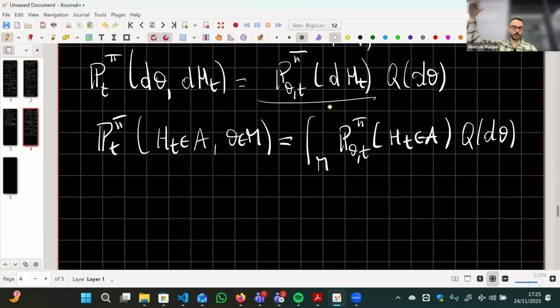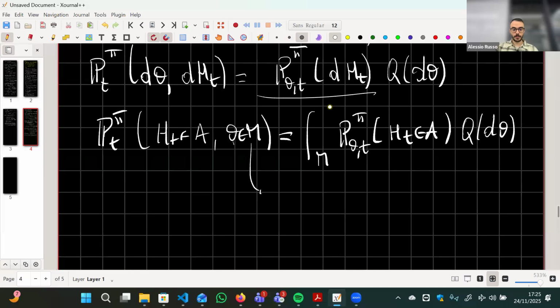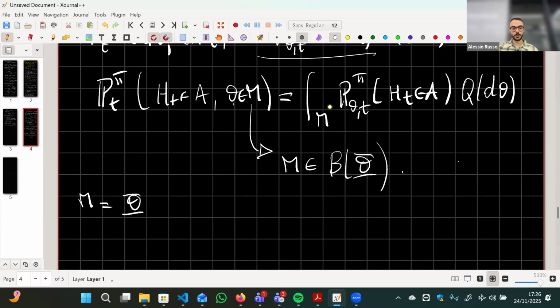So this is the overall joint probability measure of the problem. Here A is the same A that we took before, and M is any set that belongs to the Borel sigma algebra of big Theta. Now if we choose M to be equal to big Theta, then what we obtain is the marginal distribution over trajectories.